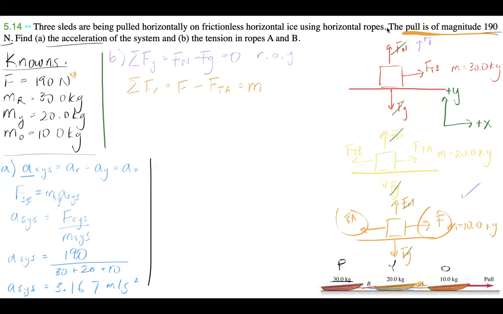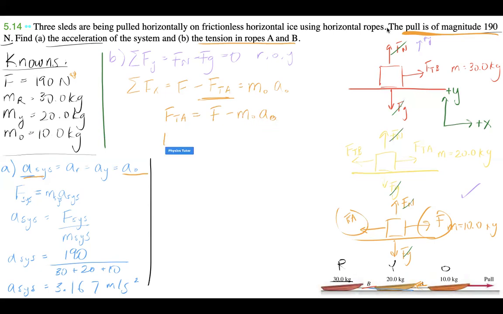So mass of orange times the acceleration of orange, or the system, really doesn't matter, because we said orange and the system have the same acceleration. We want to isolate for the tension in the ropes, which is FTA. If we rearrange, FTA is equal to F minus mass of orange sled times acceleration of orange sled.